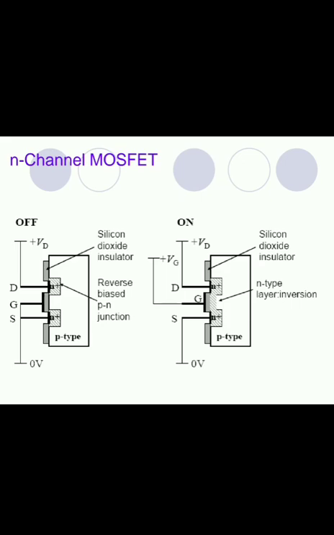After that, we are taking one terminal from the substrate, but we are keeping that isolated from the substrate by an insulating layer, which is silicon dioxide, and that terminal we are saying as a gate. You can combine substrate with source or you can keep these separate. And if there is a channel present in between two N-type semiconductors, at that time you can say that as an N-channel depletion MOSFET.